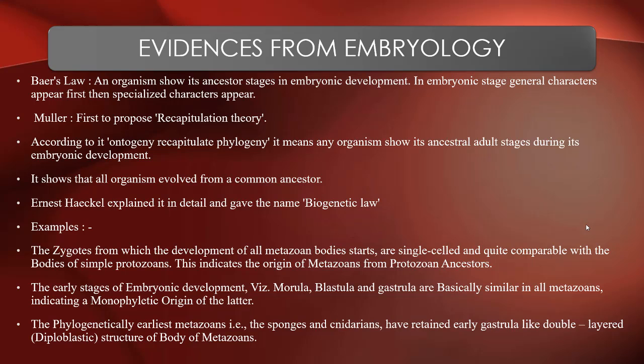My dear students, in the previous video, we discussed evidences of evolution from different aspects. In the last lecture, we covered the evidences from biogeographical realms. We discussed that all the continents present in this world today were actually united previously and were known as Pangea.